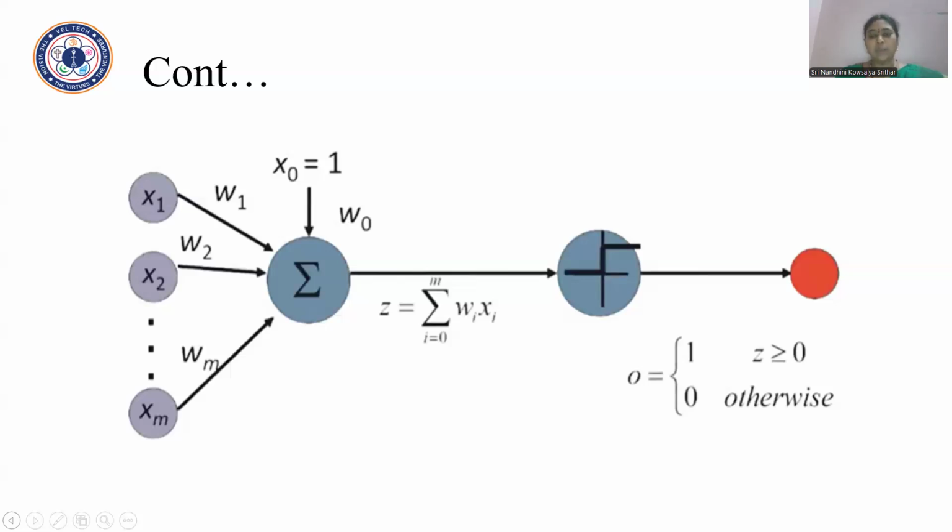Here we are using the step function as the activation function. In the step function we have values from 0 to 1, that is, the minimum value is 0 and the maximum value is 1. Then in this step function we use the net input function plus the bias, and then it produces the output.